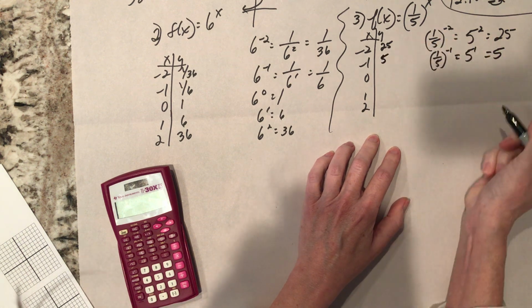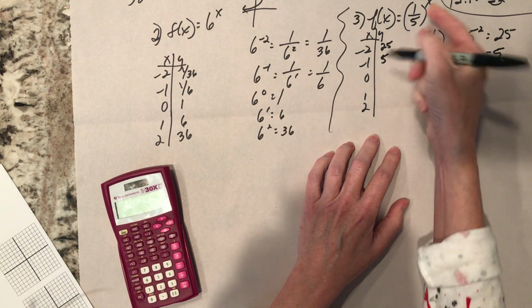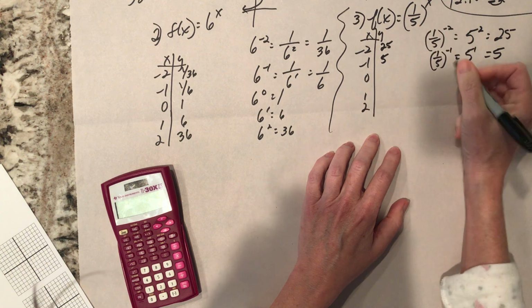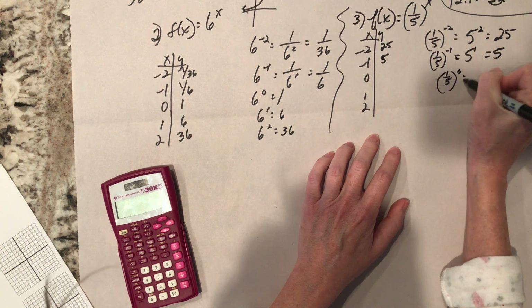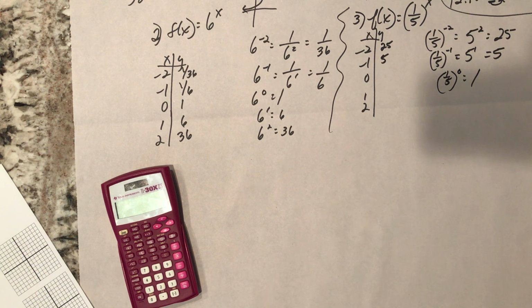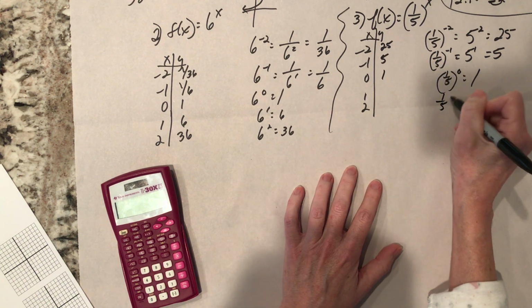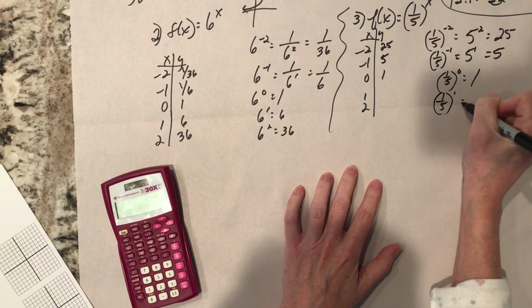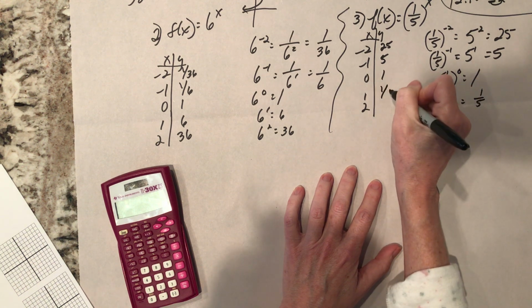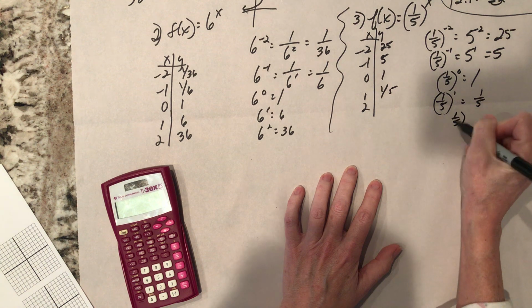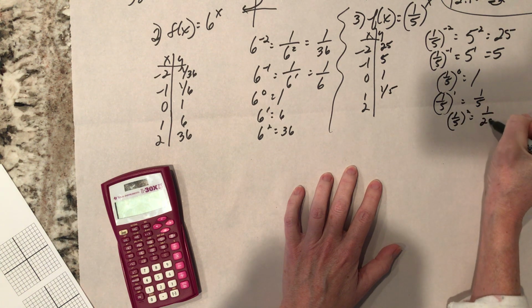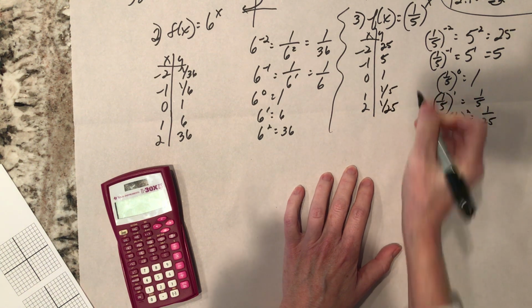So we get 5 there. 1/5 raised to the 0 power. Anybody raised to the 0 power is a 1. 1/5 raised to the first power will give us 1/5. And then 1/5 raised to the second power will give us 1/25.